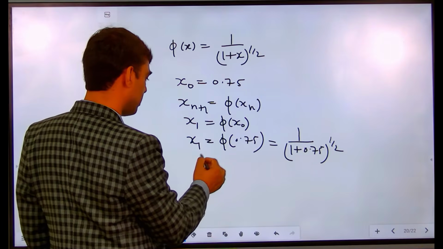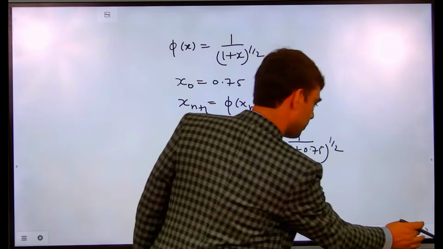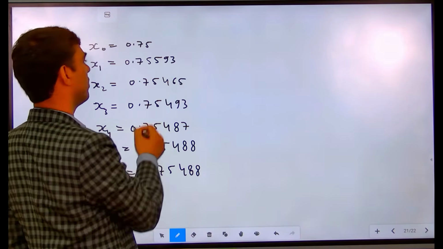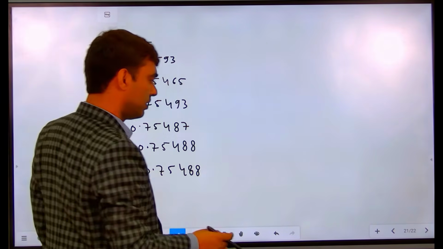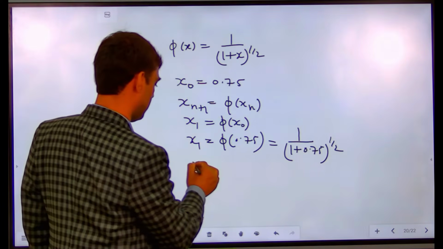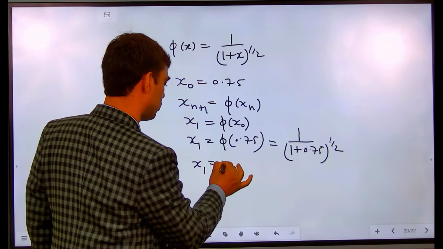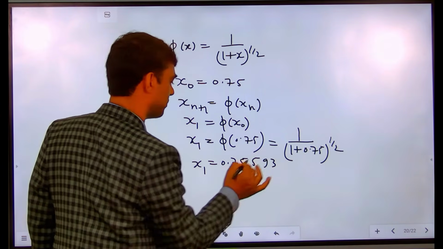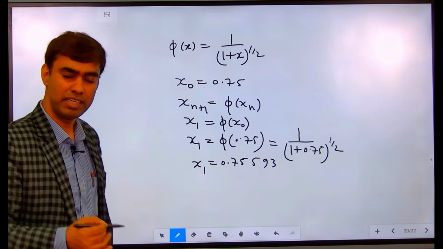So x1 is 0.75593. Again, how do we find the value of x2?